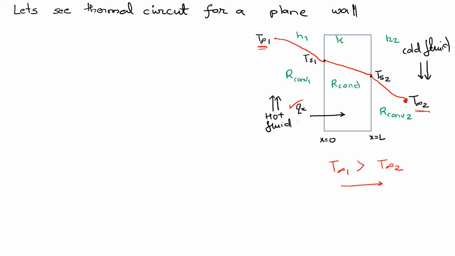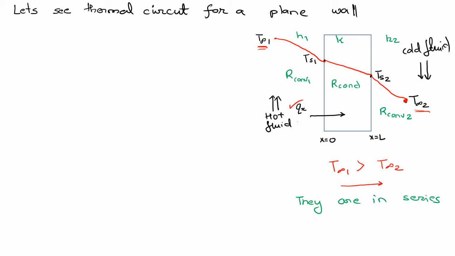So I see that you have the resistance due to convection first, then the resistance due to conduction, and then the resistance due to convection, and I don't see any resistances offered in parallel. We will be doing a problem on that as well, but in this particular scenario, our resistances are in series.